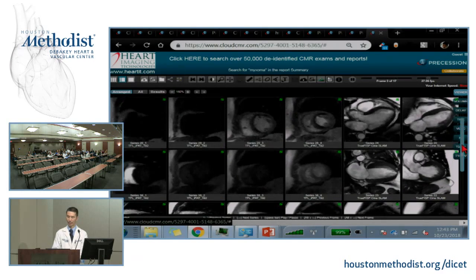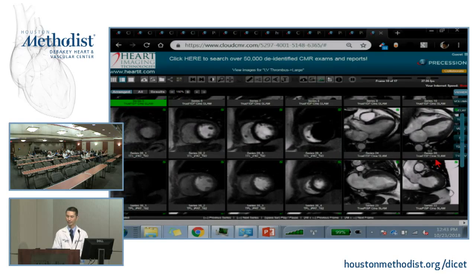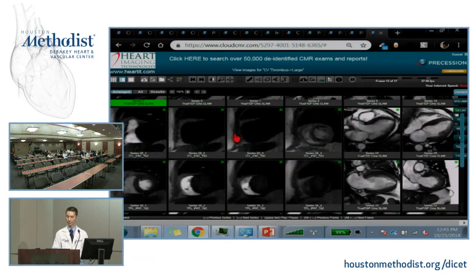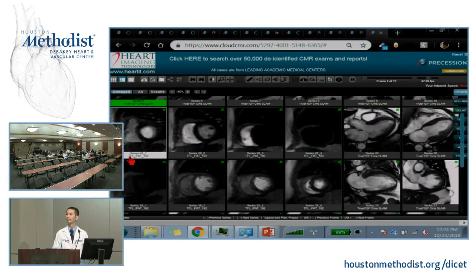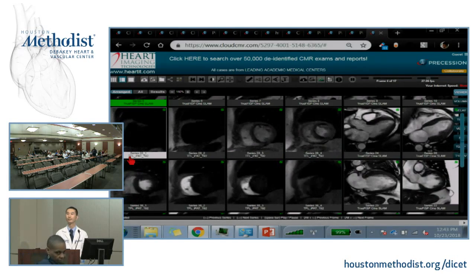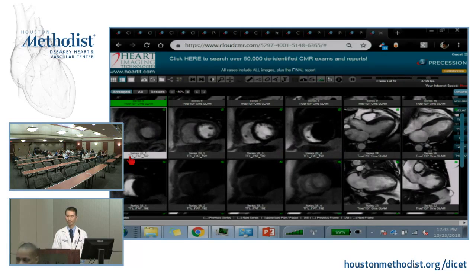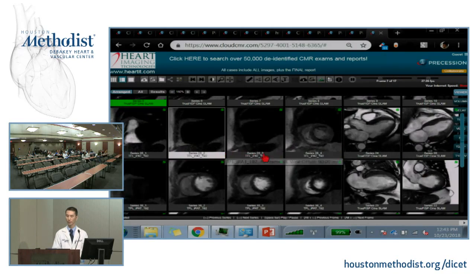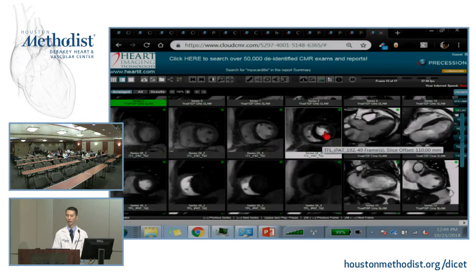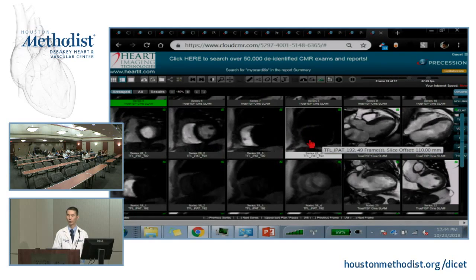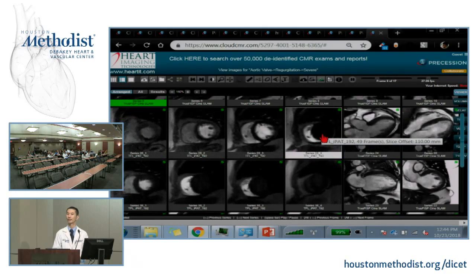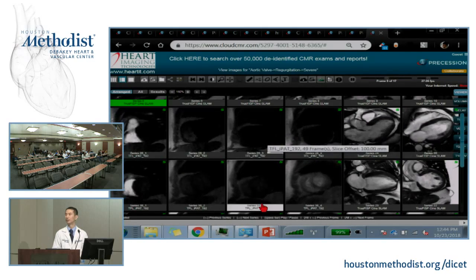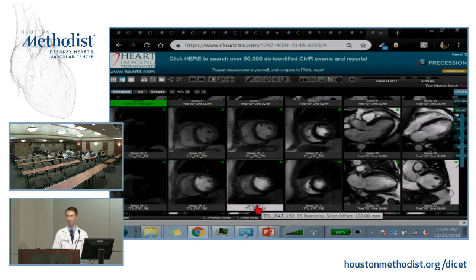Now, what do you think of the stress? There's quite a bit of perfusion abnormality in the anterior and septal walls, and it's very clear on the apicals, yes, and mid segments. Okay.